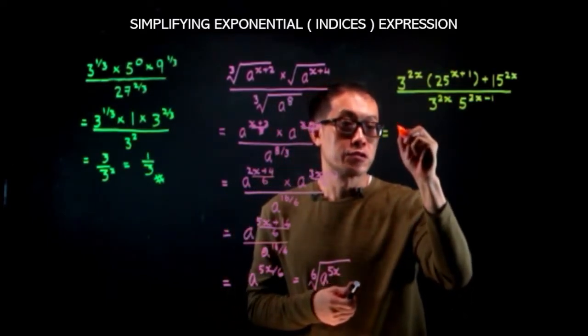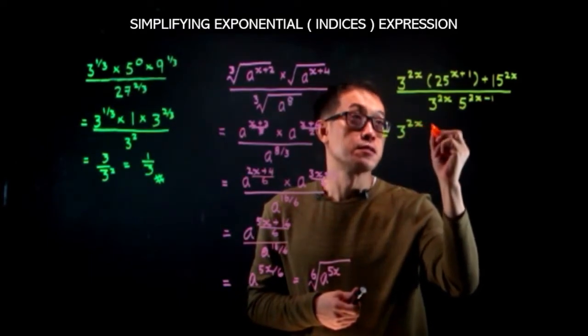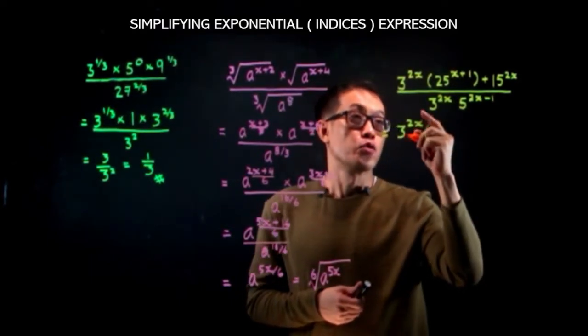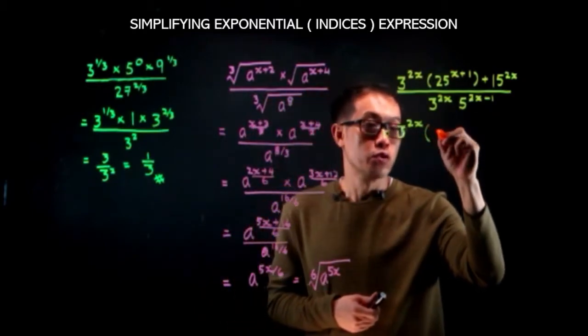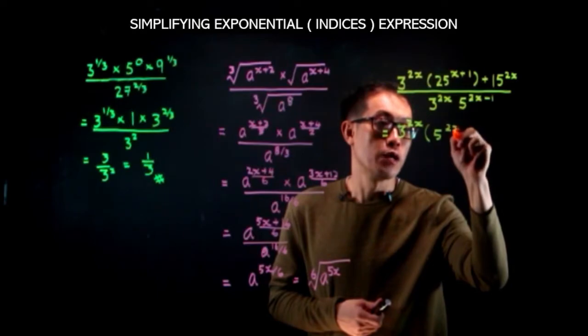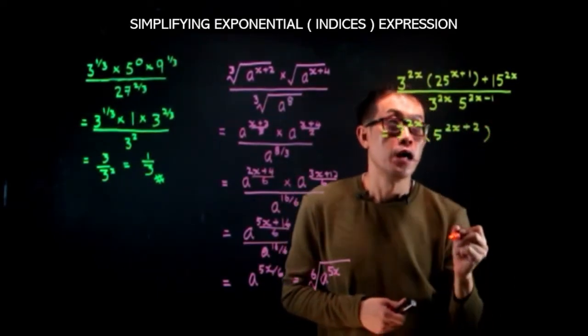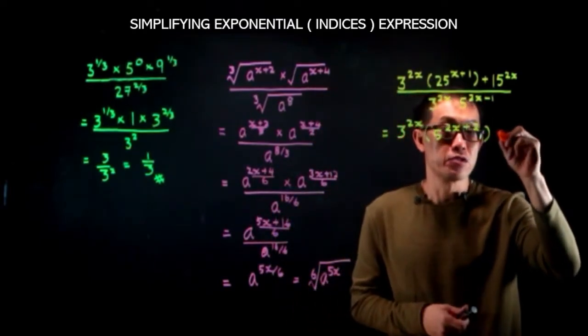So you have 3 to the power of 2x. 25 is 5 to the power of 2. So you are left with 5 to the power of 2x plus 2. And 15 is 5 times 3.